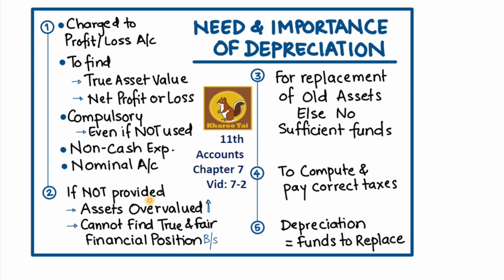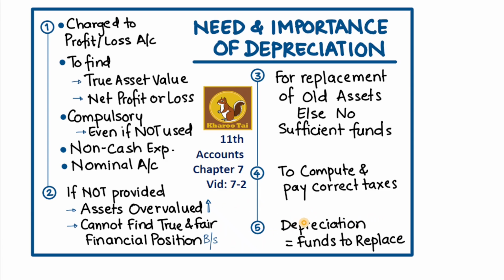If depreciation is not provided, our assets are overvalued, which does not show true and fair financial position of our business. Depreciation is charged for replacement of old assets, otherwise we won't have sufficient funds to replace the asset. If we charge proper depreciation, we compute proper taxes and pay correct taxes to the government.